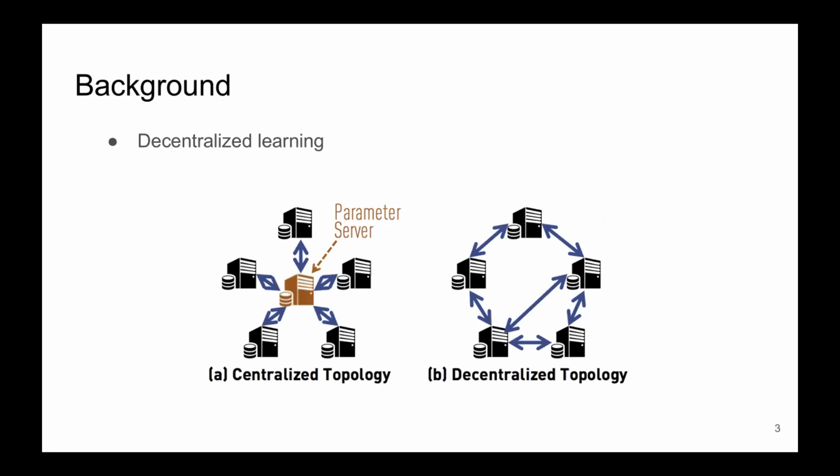So, to address this concern, we may consider decentralized learning. Several decentralized learning algorithms have been proposed. Decentralized machine learning is just like this figure. That means each agent only interacts with its neighbors without a central server.